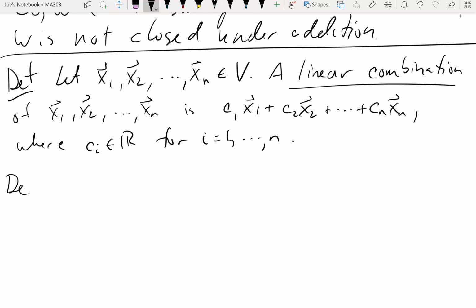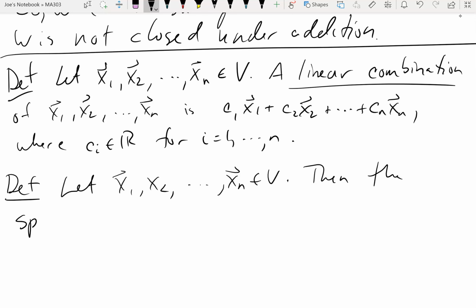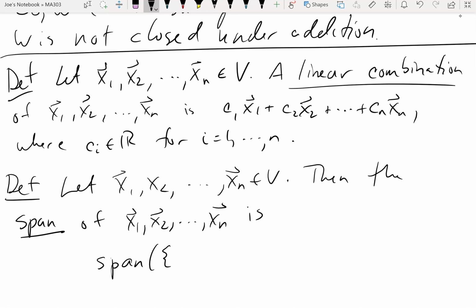As another definition, let x1, x2, out to xn be in V, then the span of these vectors, and the span of this set of vectors, is the set of all linear combinations of the vectors.